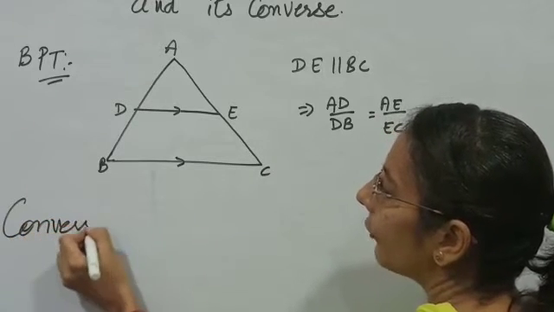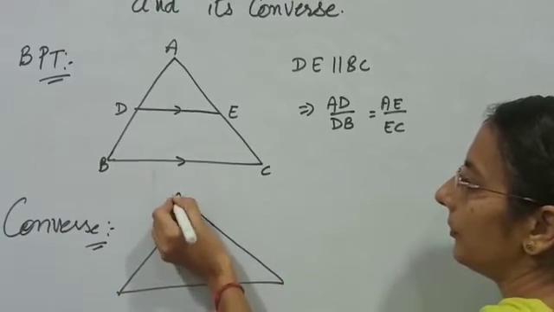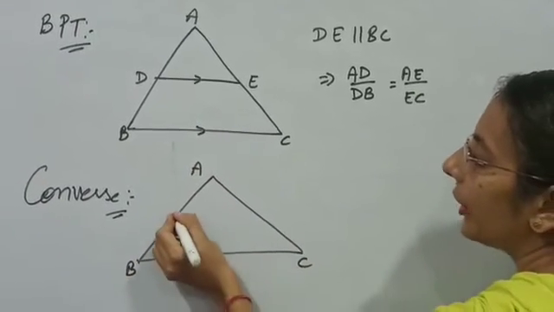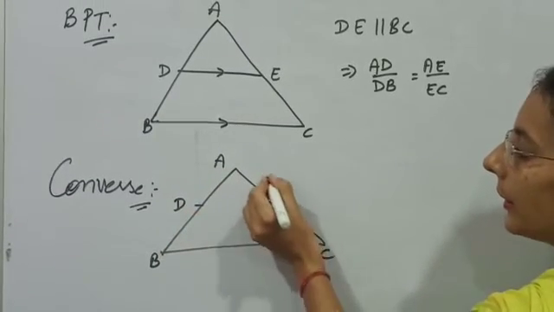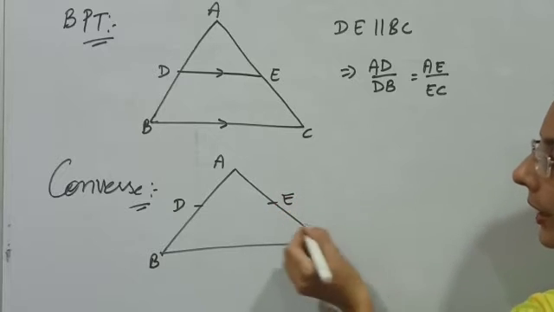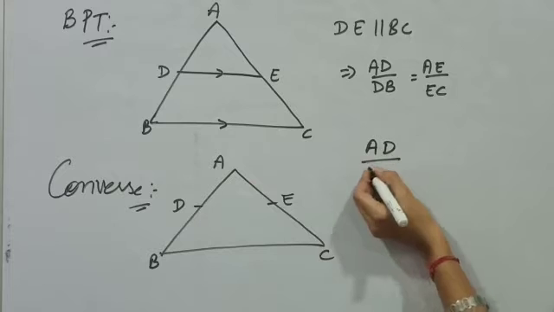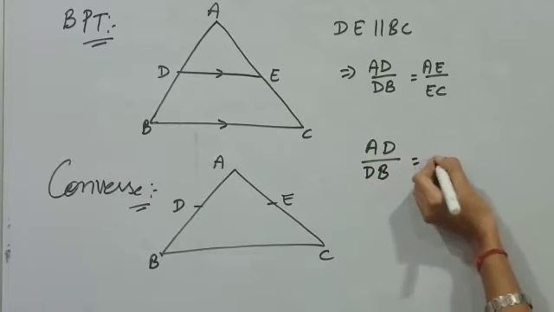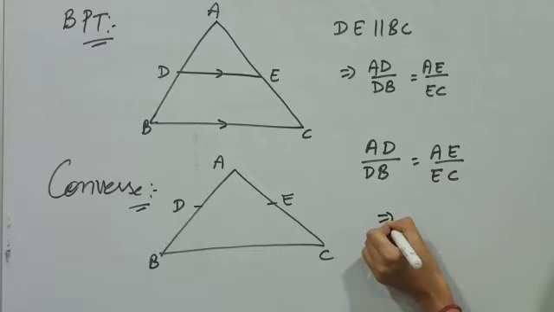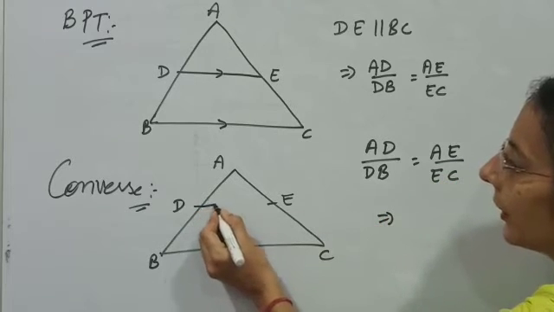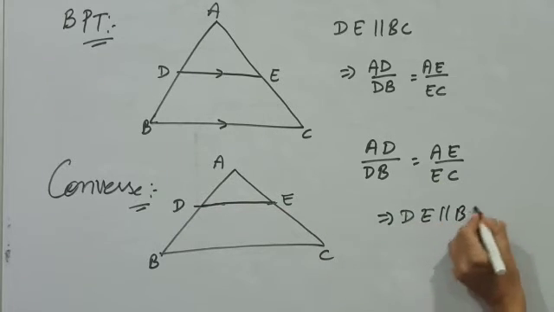The converse was: if in a triangle ABC there are points D on AB and E on AC such that AD upon DB is equal to AE upon EC, this ratio being equal, then we have to prove that the line joining these 2 points is parallel to BC.